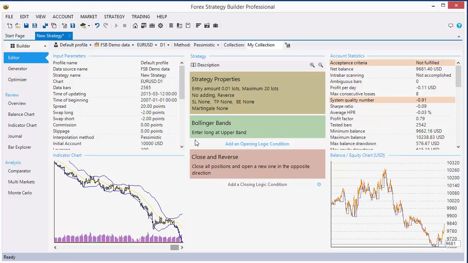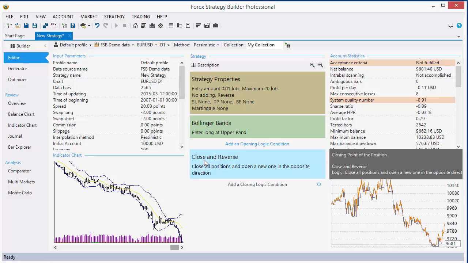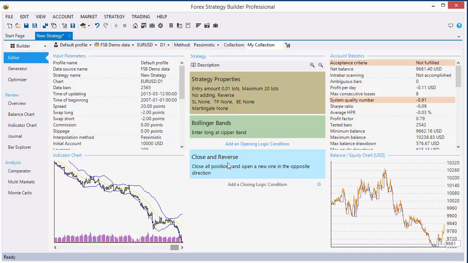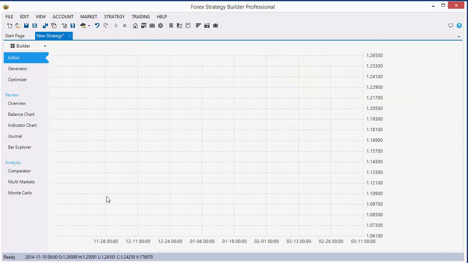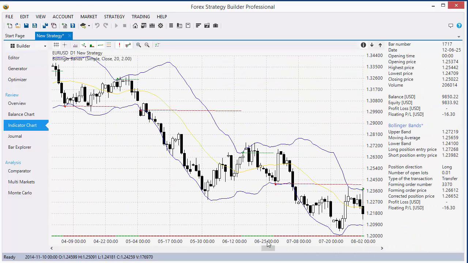When the entry rule is satisfied for a long position, the strategy will open long, and when the rule is satisfied for a short position, the strategy will close the existing position and open a new one in the opposite direction.